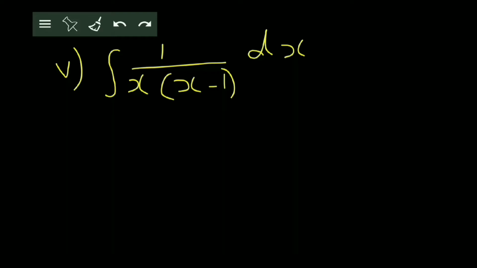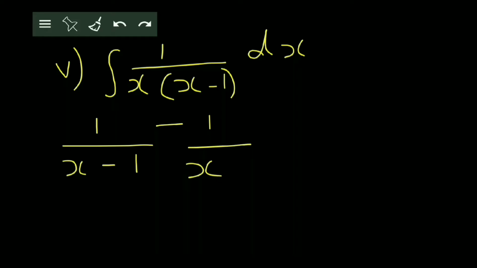As I have told you in the previous lecture itself, during integration there is no formula for u upon v, and therefore we have to somehow find the integral of this particular function. Now just observe how it is done. Consider this particular value: 1 upon x minus 1 minus 1 upon x. What is the value of this term?